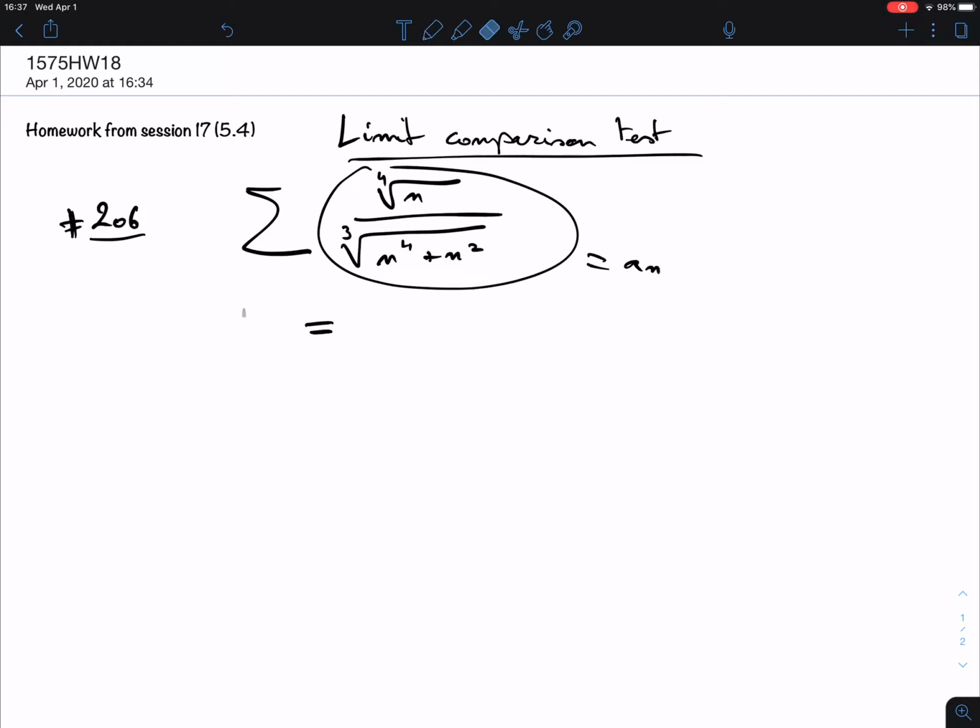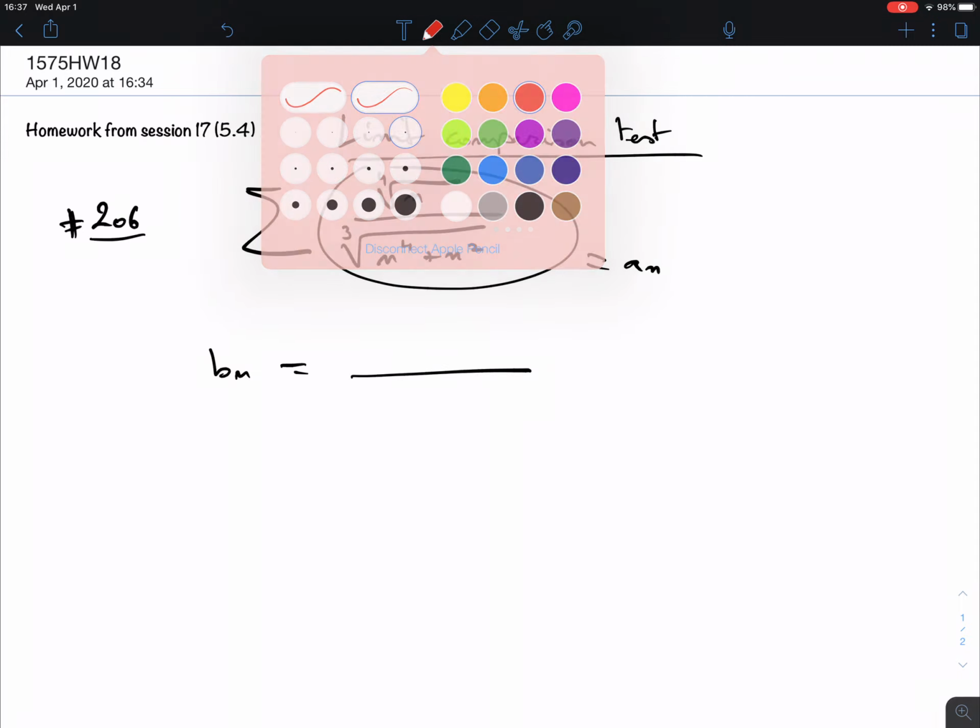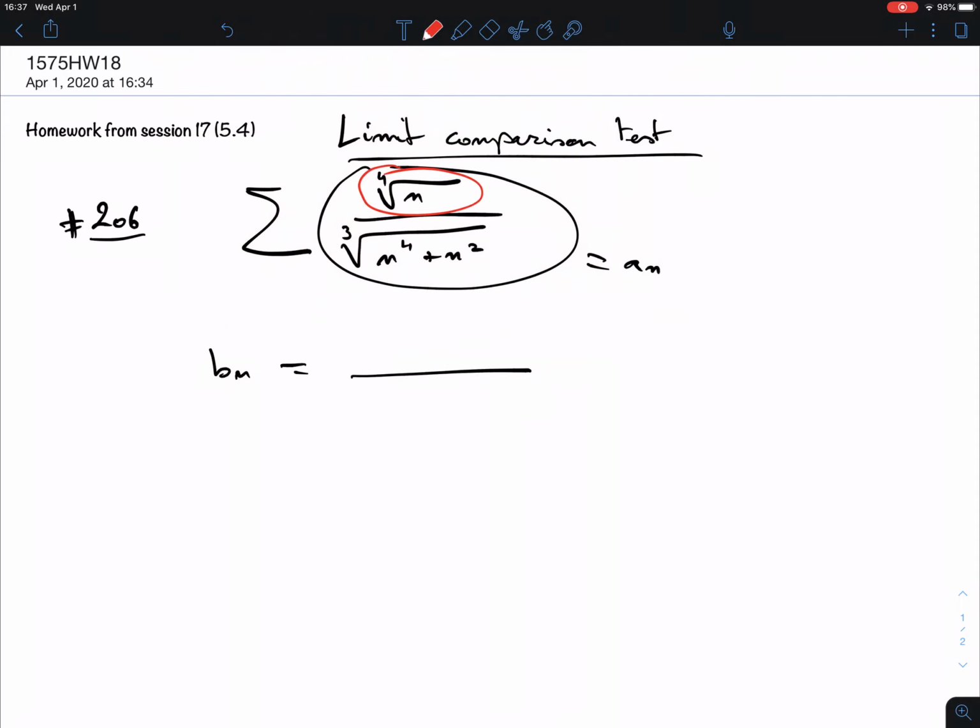I take the highest degree term, but I should also look at the fact that there are radicals involved. Perhaps the better way is to say the dominant term. There's of course only one, so I just take that.